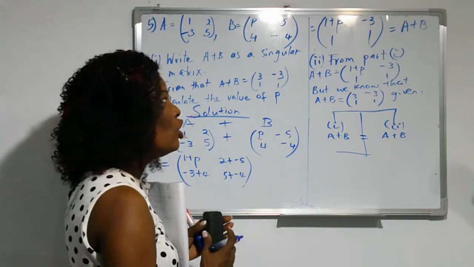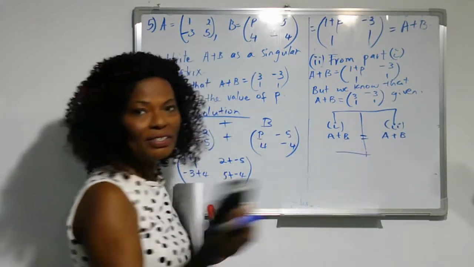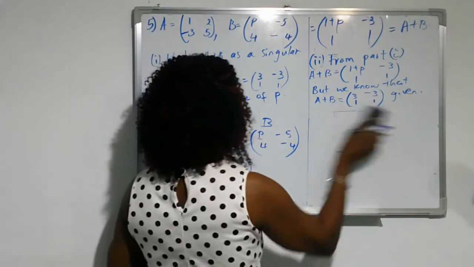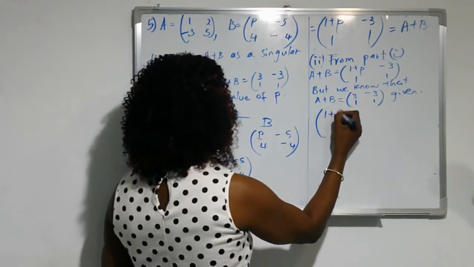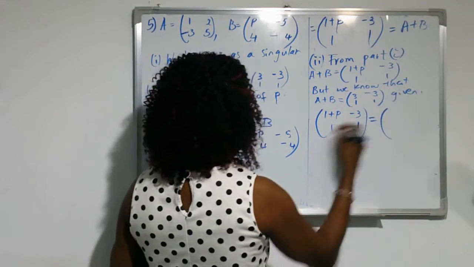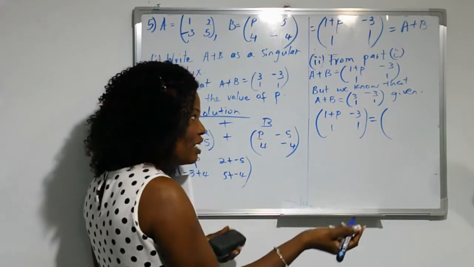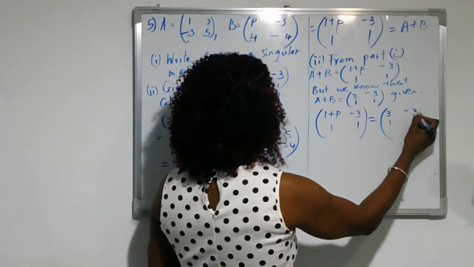So if they mean the same thing, we can put them together with an equal sign between them. So now we have 1 plus P, negative 3, 1, 1, with an equal sign because they both mean the same thing. For the scale to be balanced, 3, 1, negative 3, 1.